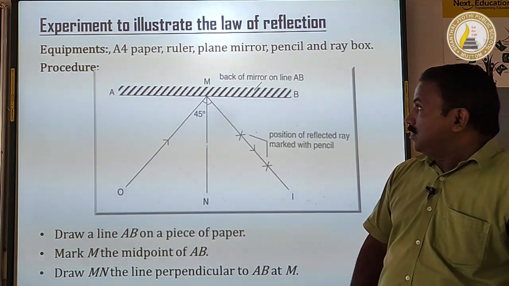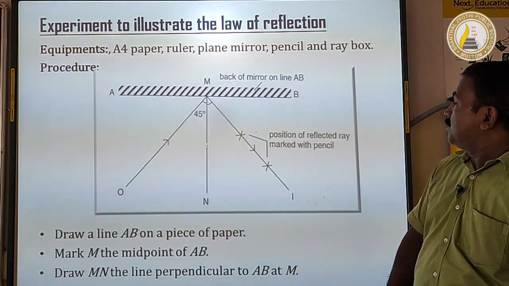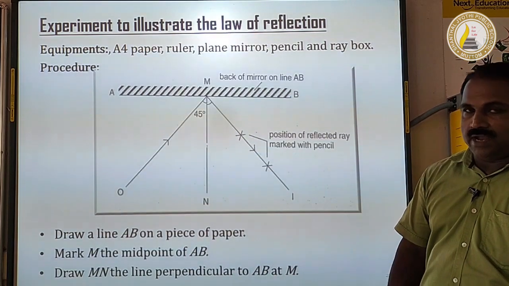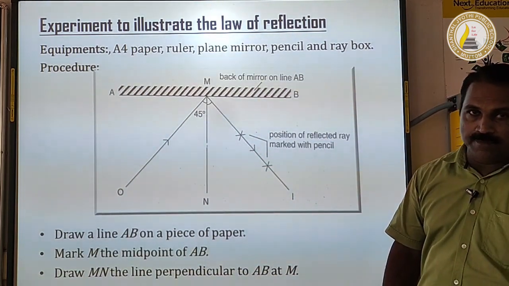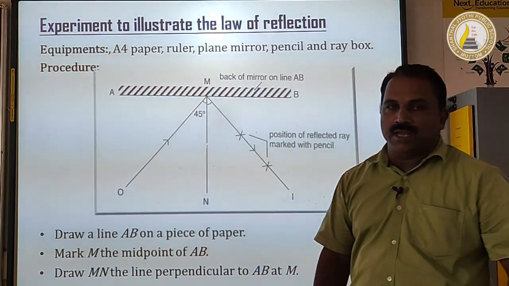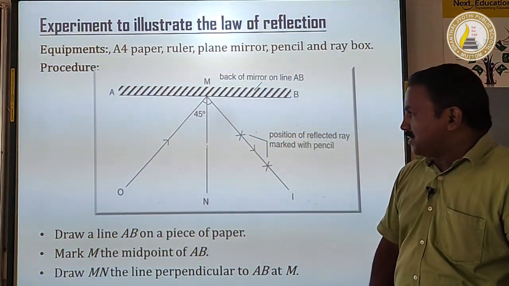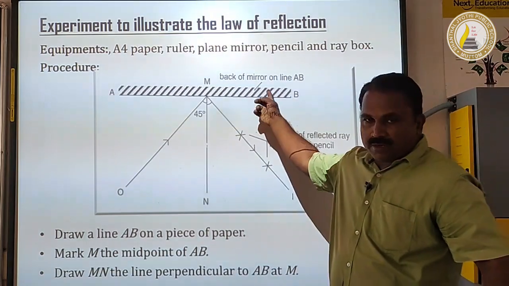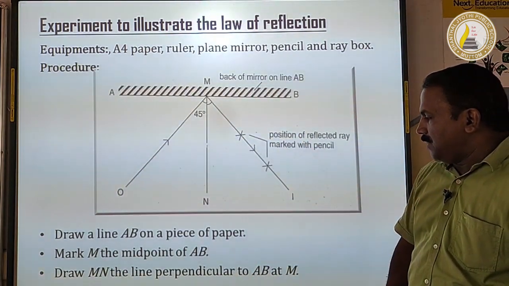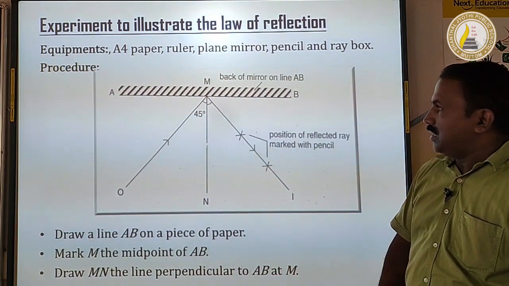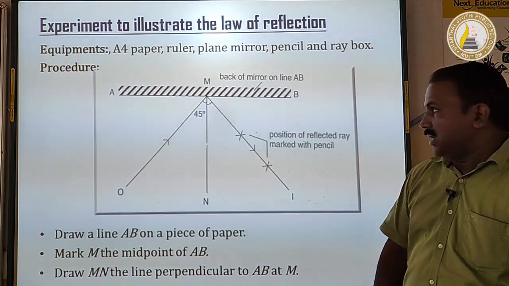We need a ruler, a plane mirror, a pencil and a ray of light or ray box. From the ray box we will get a ray of light, or we can use laser light. So first, this is the mirror. First draw a line AB on a piece of paper. AB is represented by the plane mirror.